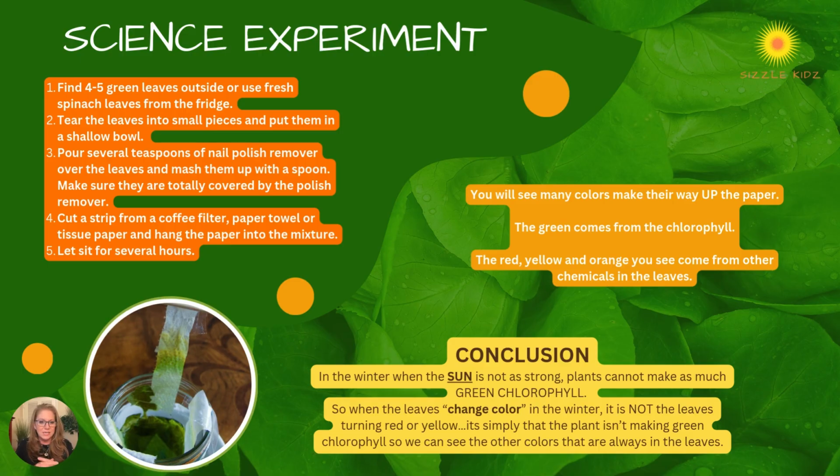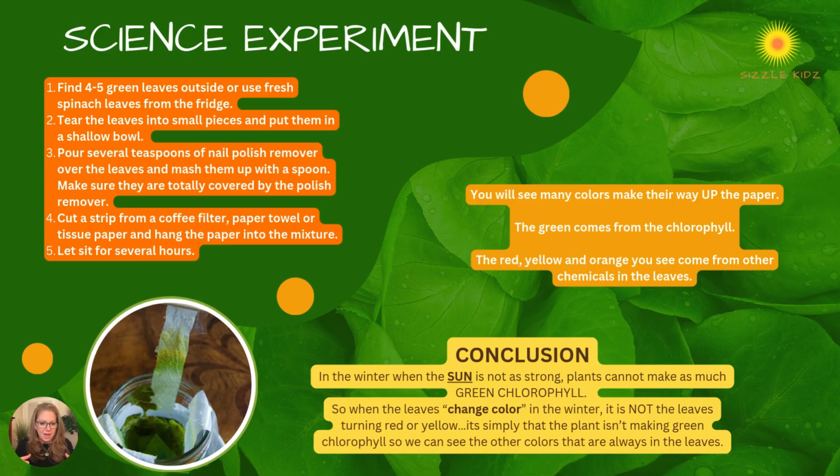And what you're seeing is all of the different chemicals that are in the leaf. So this is the most cool part, I think. When the leaves change colors in the fall, you're not seeing the leaves actually change their colors. When there's not as much sun in the wintertime, there's not as much chlorophyll being made. There's not as much food being made for the leaves. That's why they eventually die.